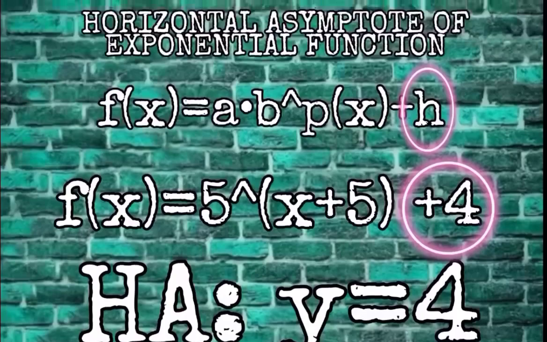I'm going to give you 3 examples of ways we can identify if an exponential function has a horizontal asymptote.